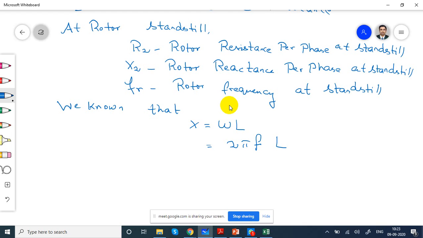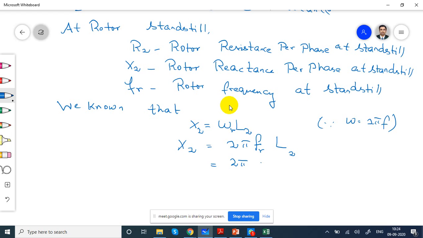Now we are talking about rotor reactance. So X2 equal to omega into L2, where omega equal to 2 pi Fr. R stands for rotor, 2 stands for also rotor. How much value of Fr do we know?